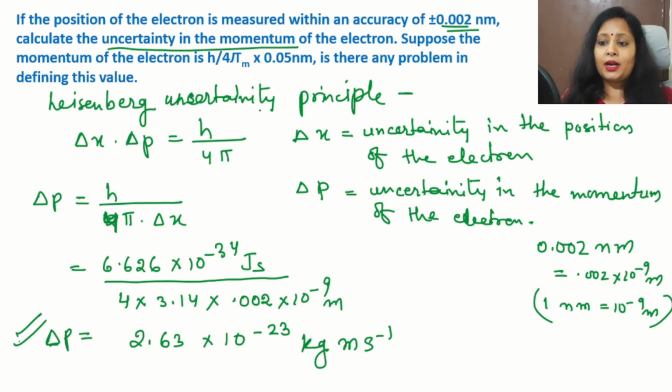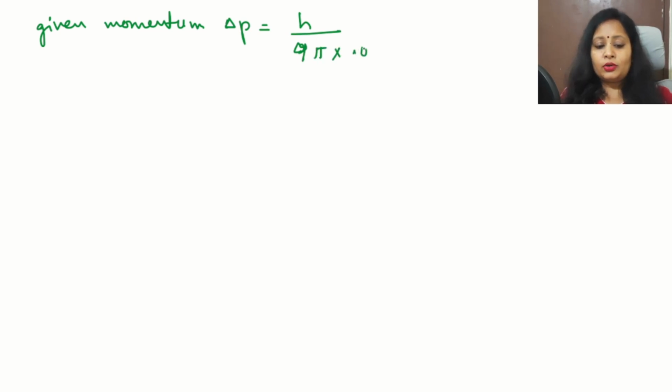Now in the next part they gave the momentum, and asked is there any problem in defining the value? So first, whatever is given, we'll find the momentum. The given momentum del p is equal to h upon 4 pi multiplied by 0.05 into 10 to the power minus 9.